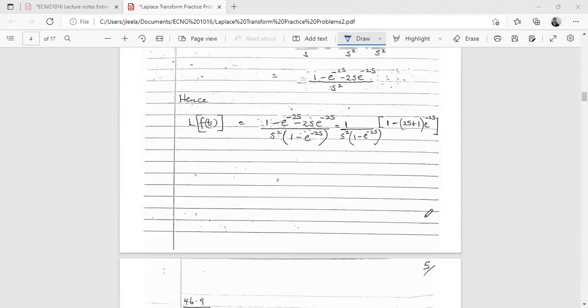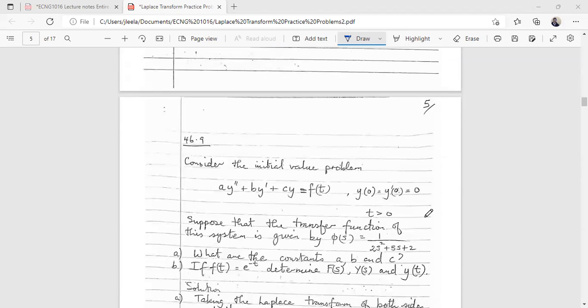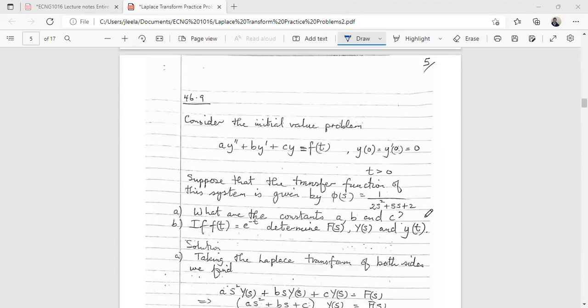Okay, so now let's look at some initial value problems then, where we're dealing with the differential equations, finding the Laplace transform. So consider initial value problem A: y double prime plus by prime plus cy is equal to f(t), where your initial conditions y(0) and y prime(0) are both 0.